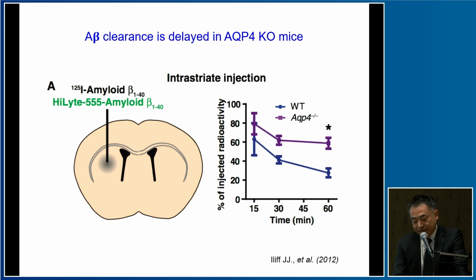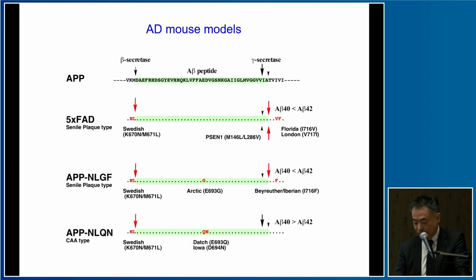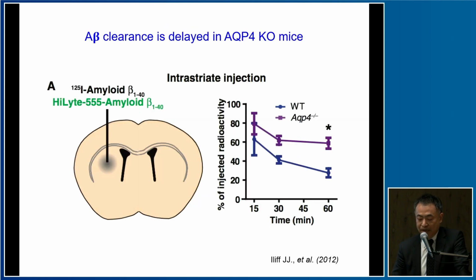And the Nedergaard group injected radioisotope-labeled amyloid beta 1-40 into the brain parenchyma and observed the clearance, comparing wild type and aquaporin 4 knockout.